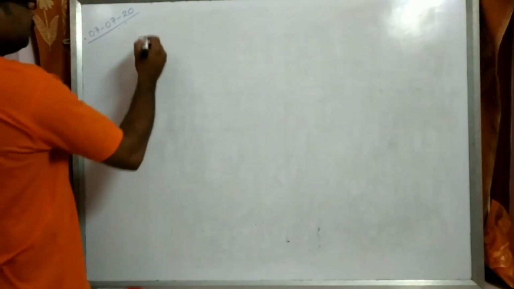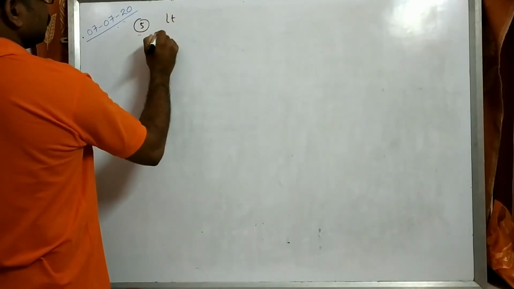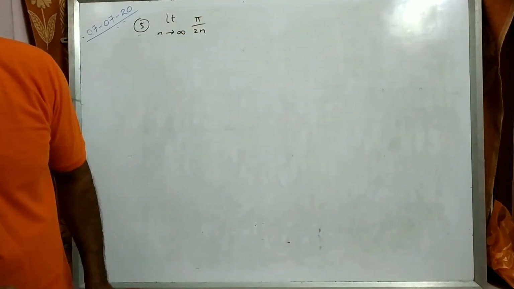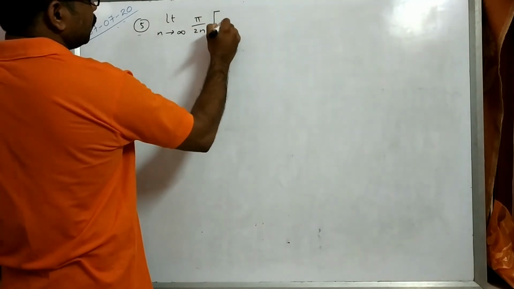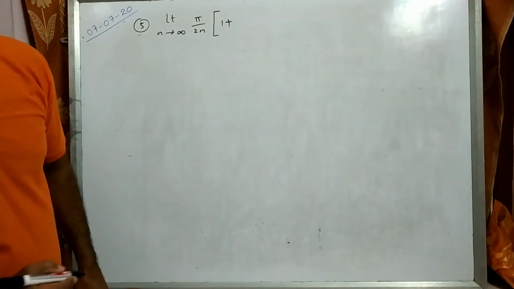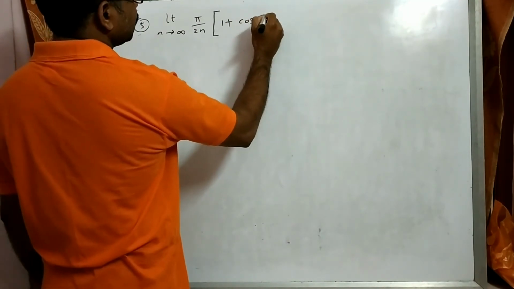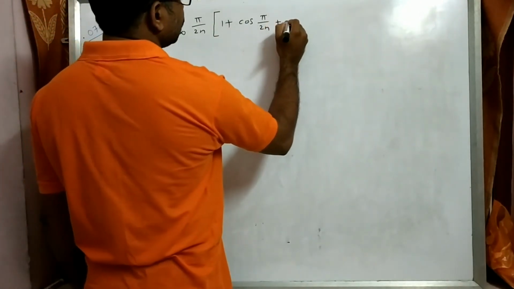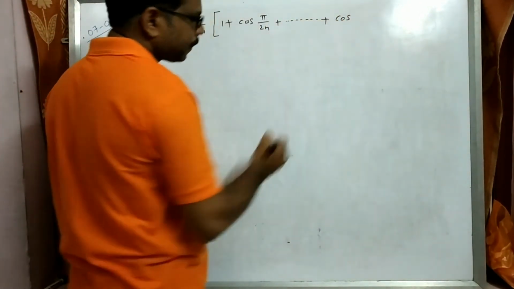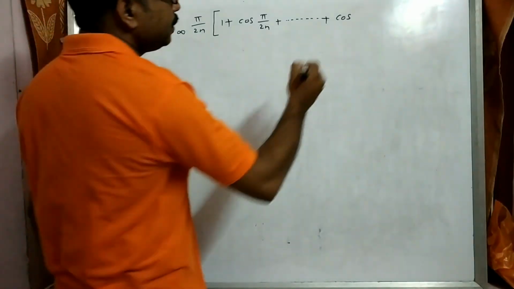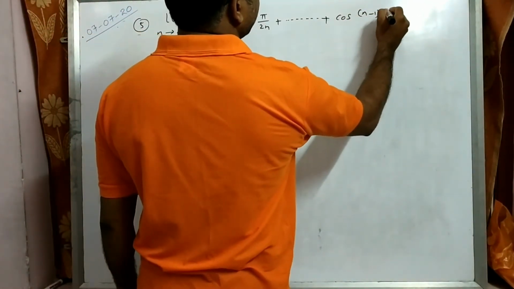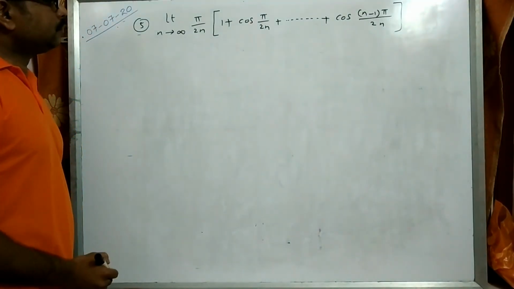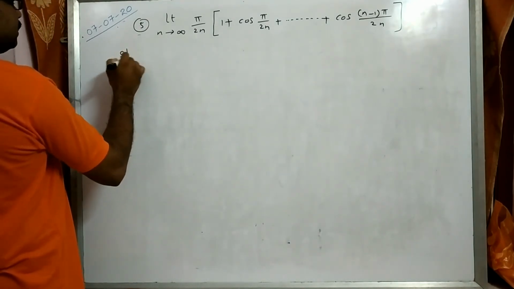Limit n tends to infinity, pi by 2n of 1 plus cos pi by 2n plus so on cos n minus 1 into pi by 2n. Okay. So how do we write this in general notation?